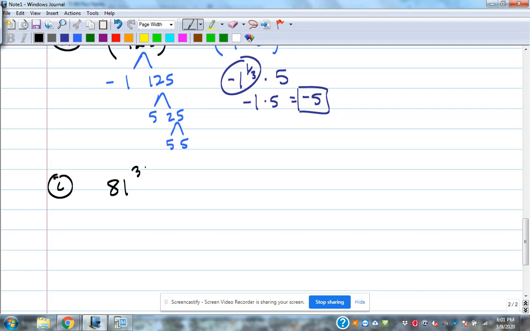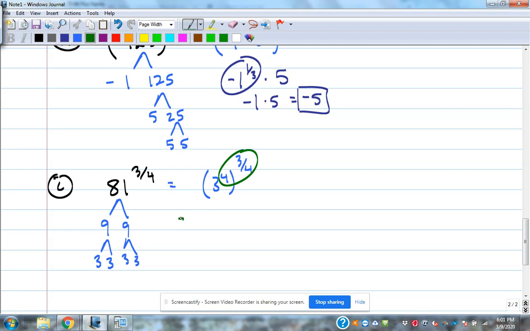Let's do 81 to the 3/4 power. So a different numerator on that fraction. When we go to do our work there, we're going to break down 81 as 9 and 9, 3 and 3, 3 and 3. So that's 3 to the 4th power to the 3/4.